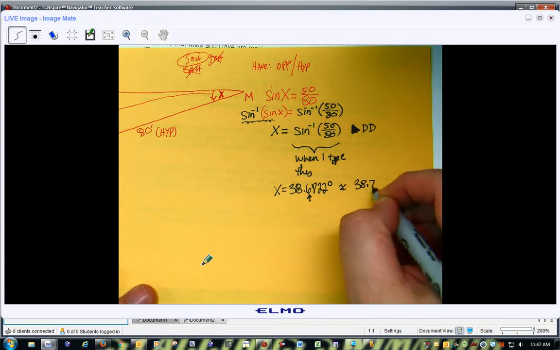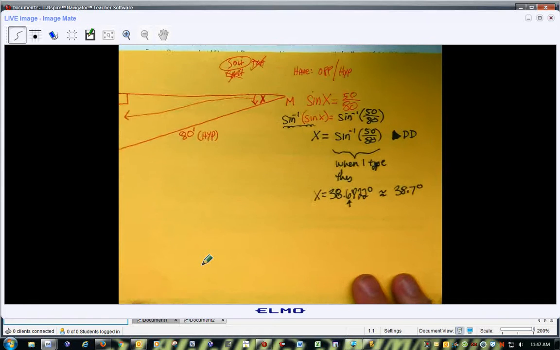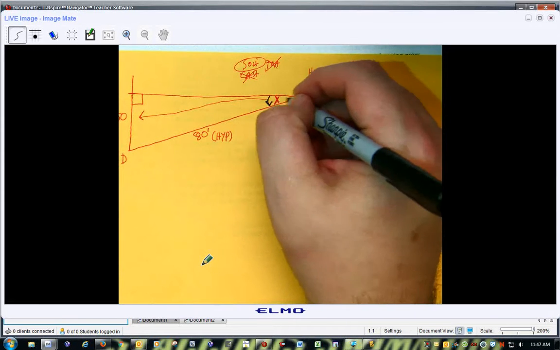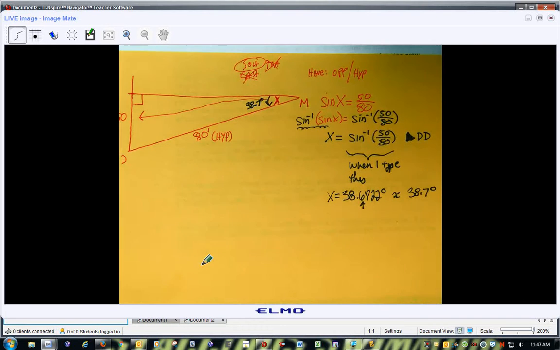So basically what's going on here is the slope of the road is about 38.7 degrees. So you have a downward slope of the road of 38.7 degrees. You round the 6 up because we're rounding to the nearest tenth.